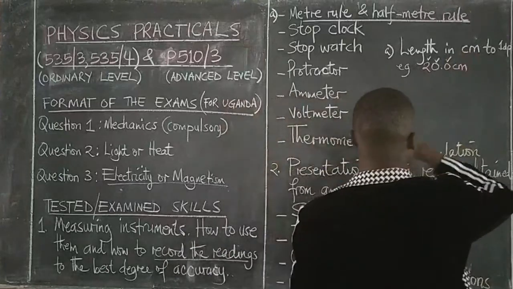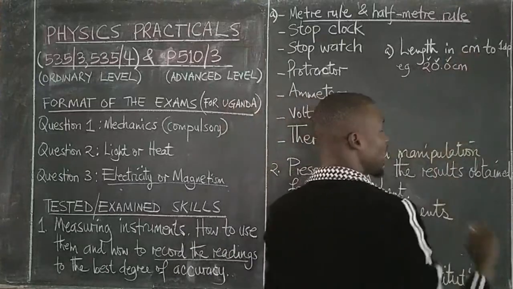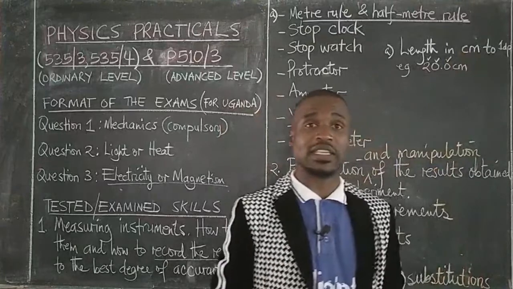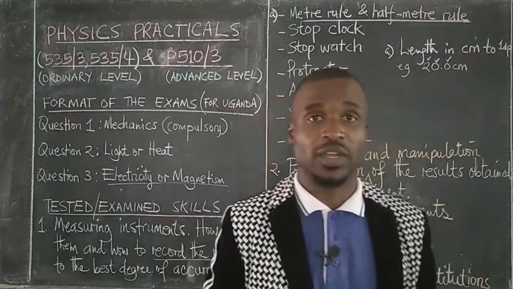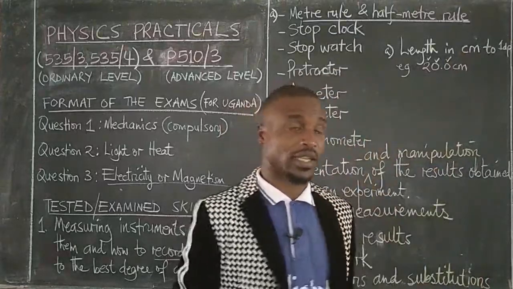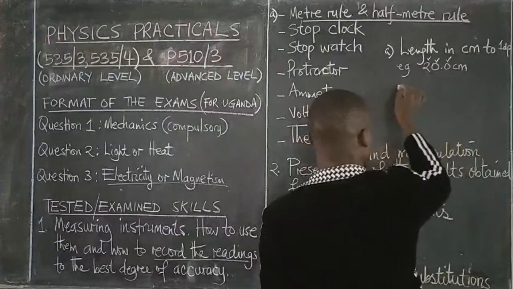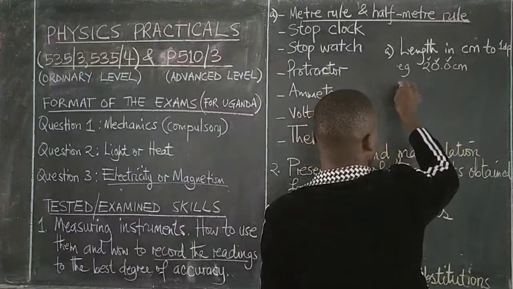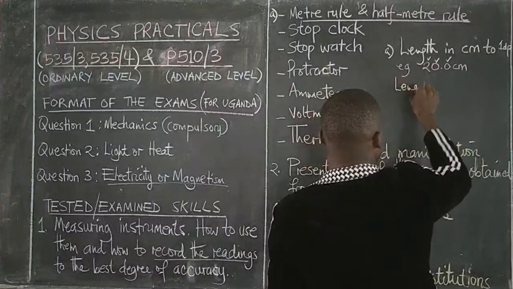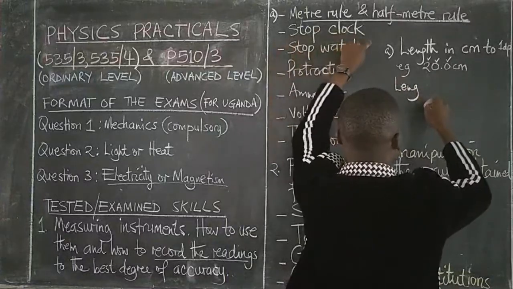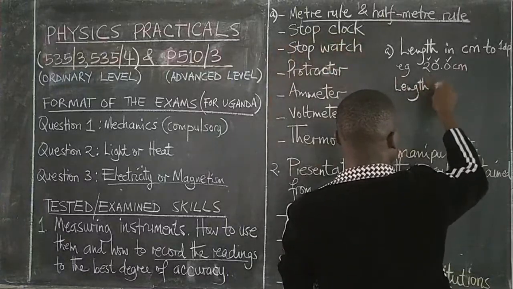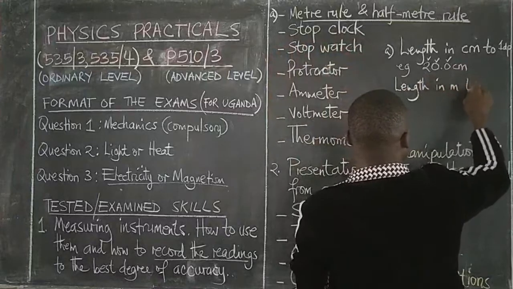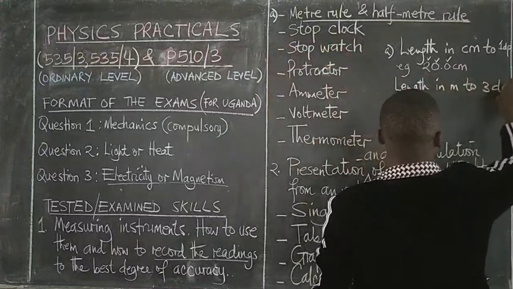Now, if you are required to state your answers in meters, then in meters we record. We can also use a meter rule or a half meter rule to measure length in meters, to 2 or 3 decimal places.